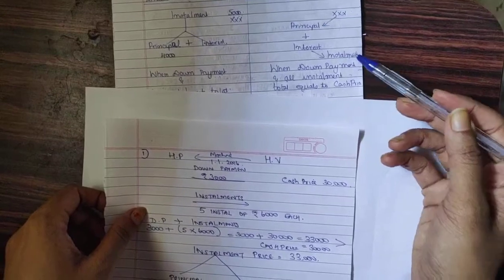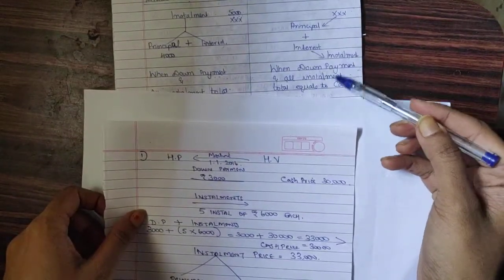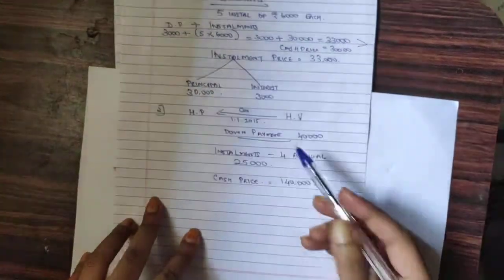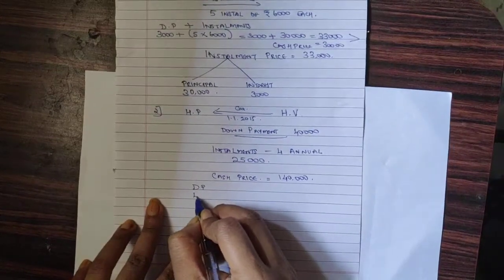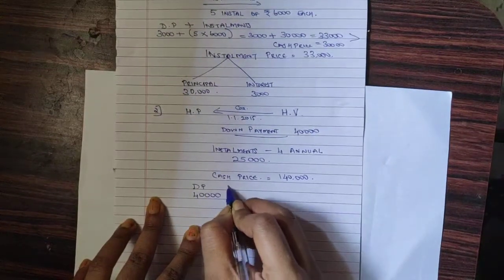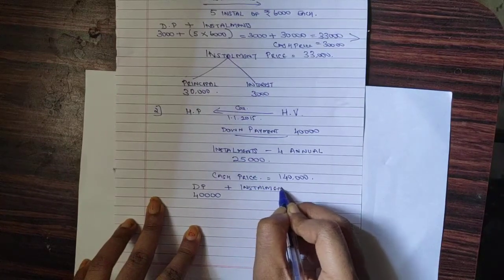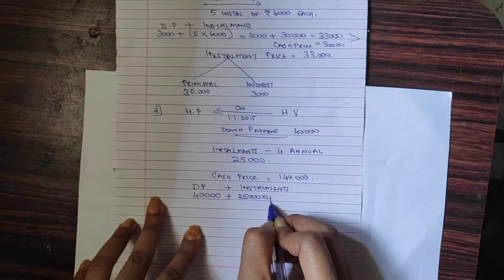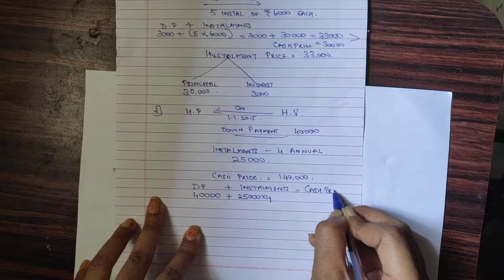So here we can find that the down payment of 40,000 plus the installments, 25,000 into 4, will be equal to the cash price.